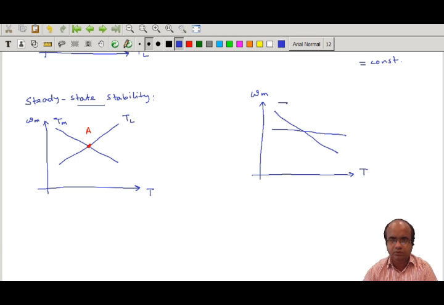In this case, this is the operating point, say B. These are the two points where the motor is operating.